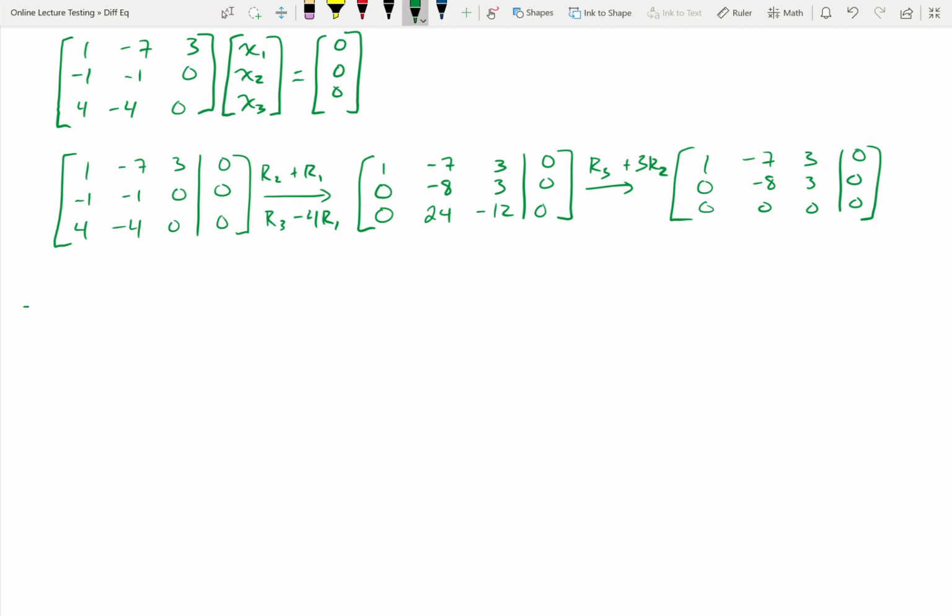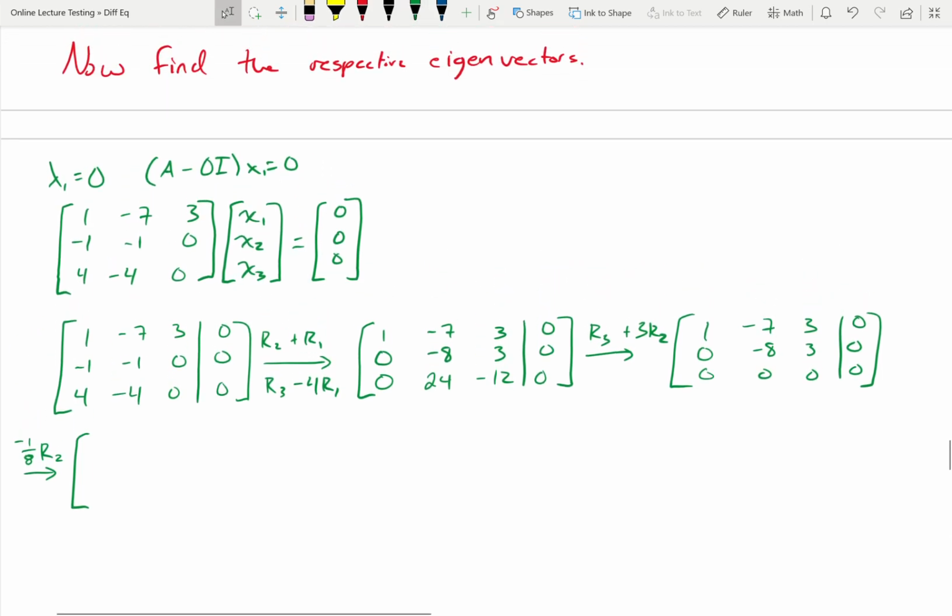All right, we'll reduce down row 2 by negative 1/8 row 2. That'll help us out in some of our calculation here. Oh, and this was supposed to be one slight change that I need to make here.